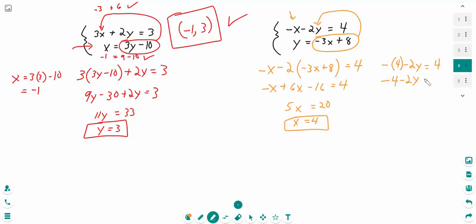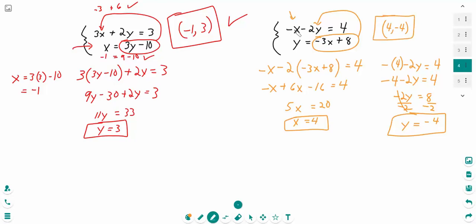I'm just getting rid of the parentheses here. And then we can move the 4 over to the other side, and we're going to get a negative 2y on the left, and plus 4 is going to be an 8 on the right. We can divide both sides by negative 2, and we're going to end up with y is equal to a negative 4. So, ordered pair is 4, negative 4.